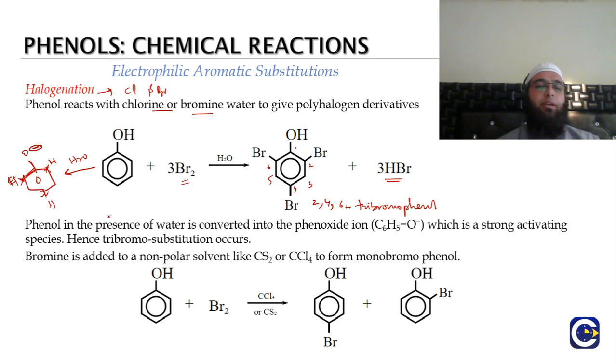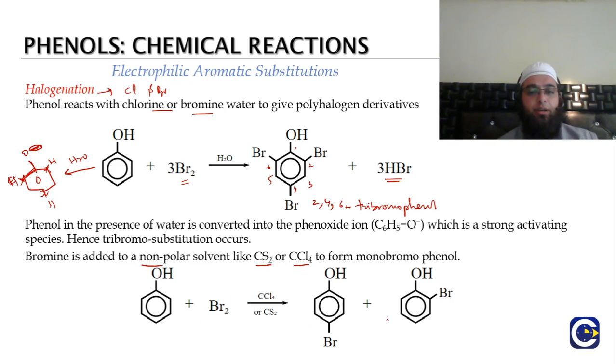But if we add bromine in a non-polar solvent, then it prevents the activating effect of this negative charge on the oxygen. As a result, if we add a non-polar solvent, carbon disulfide or carbon tetrachloride, then we only get a specific mono product in the reaction.